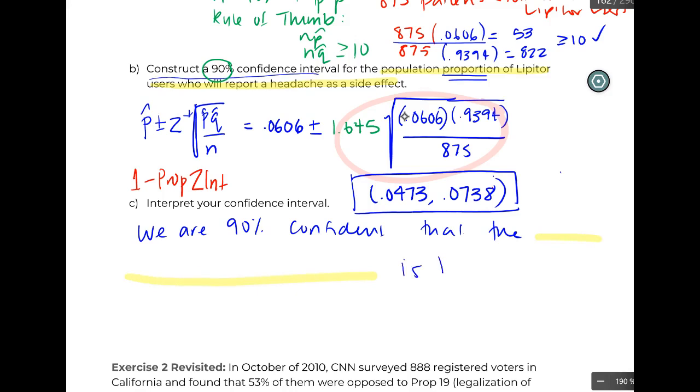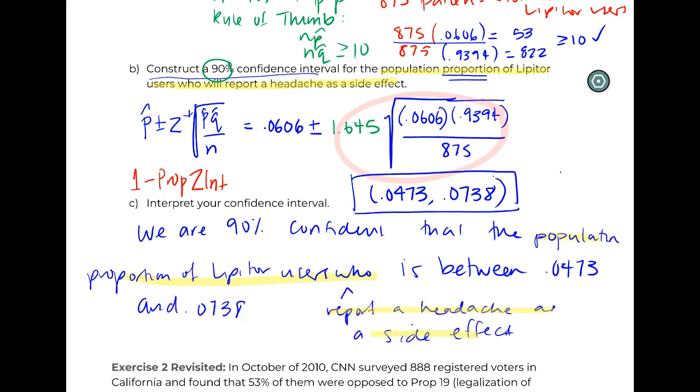And then is between 0.0473 and 0.0738. And you do just want to write out exactly as it's stated in the question stem what proportion it is that you're finding. Most of the time, students who try to get too clever with this sometimes end up writing about a proportion that's slightly different than what we actually care about. So just go ahead, recopy down exactly what's there in the question stem.